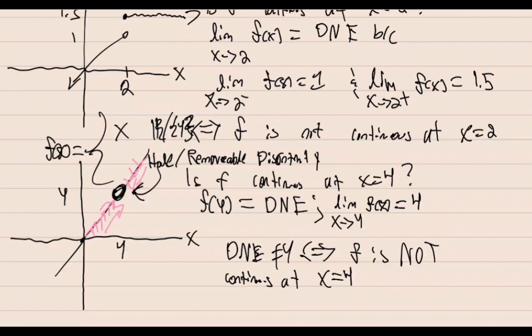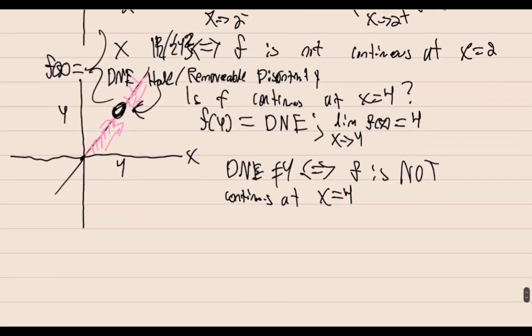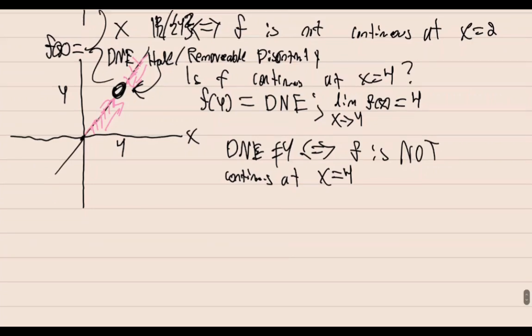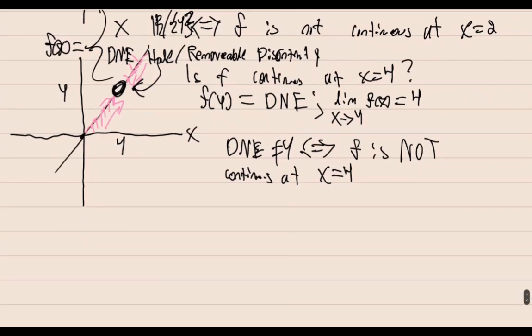Otherwise, this is getting ugly, sorry. So this is known as a removable discontinuity because we can fill it in if we just change our definition of f of x a little bit. Just make it so that f of x equals x, and that'll let us fill it in. But it's not continuous because of that hole.